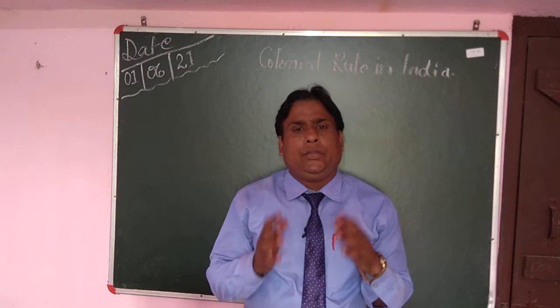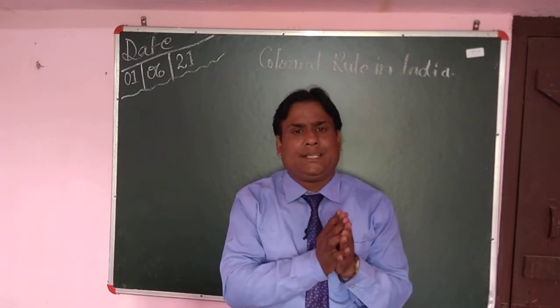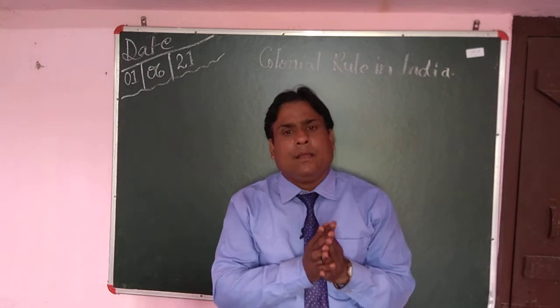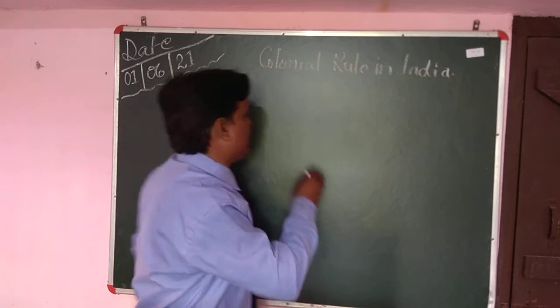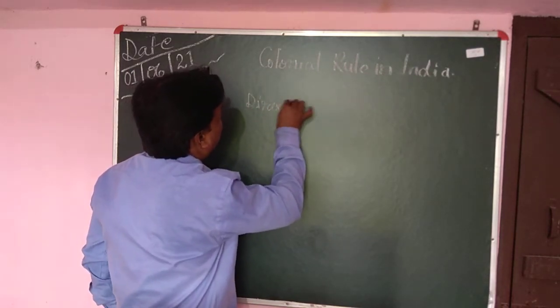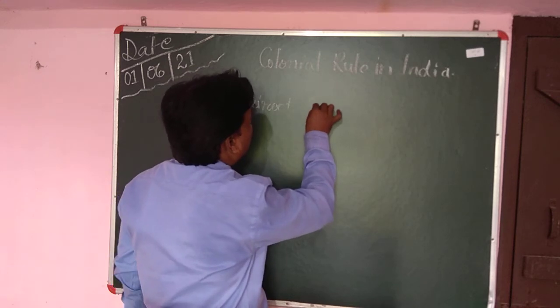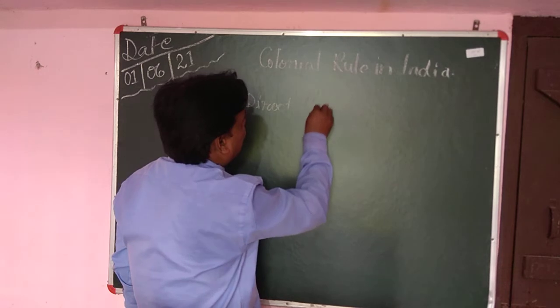They used to get control over a particular territory of the Indian kings in two different ways, direct annexation and indirect annexation. What were direct and indirect annexations?